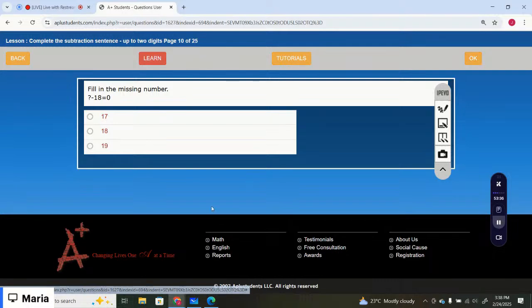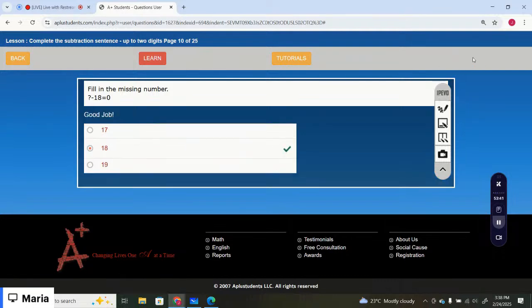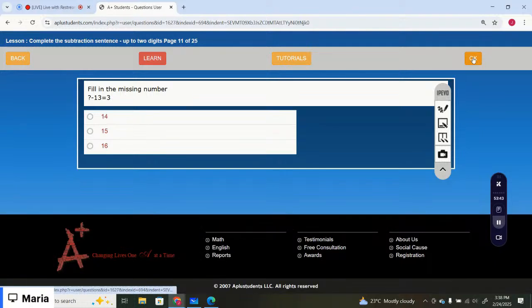Eighteen take away 18 is 0. Option number 2 is the correct option. Fill in the missing number.